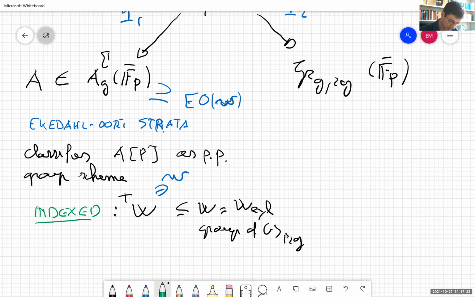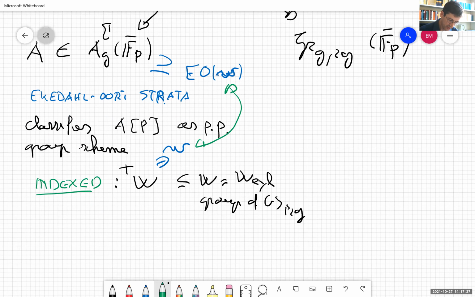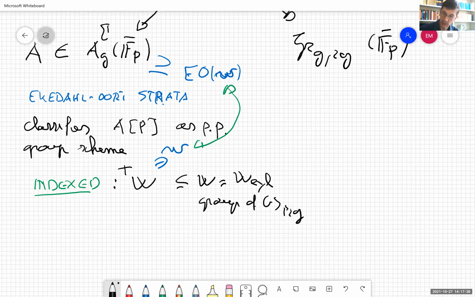Okay, so using this correspondence, and there are very nice results by Ekedahl, Oort, Moonen and Wedhorn and many others, and a former student of mine for general Shimura varieties, that tell us that this stratification is smooth, and that, for example, the dimension of the Ekedahl-Oort stratum is simply the length of w as an element in the Weyl group. So it's a very nice description of the combinatorics of this stratification.